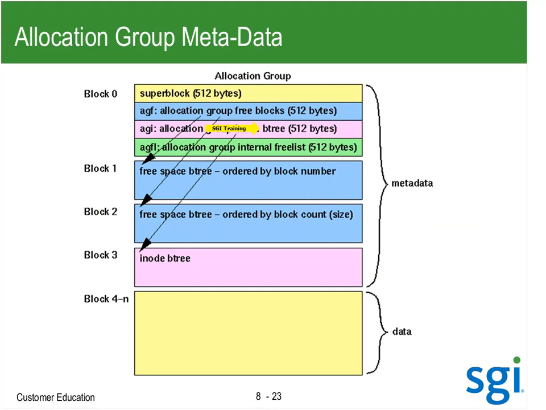Now we have two B trees here. One is ordered by block number and one is ordered by block size. We hash both of these B tree lists at the same time to find the closest block of a given size to reduce fragmentation. So I don't want to just find close, I want to find close with a given size.